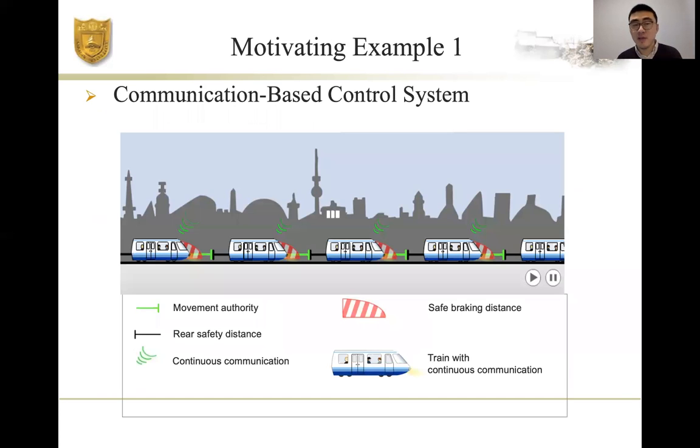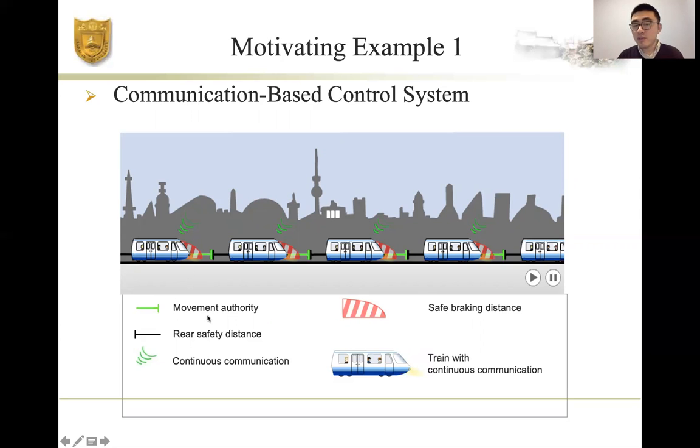Here first, motivating example one. It's communication-based control systems, which are used in train control systems. The picture I borrowed from some of the engineers in that industry. Here we have many trains running on a single track, and we can see the red bar here, the green bar here.